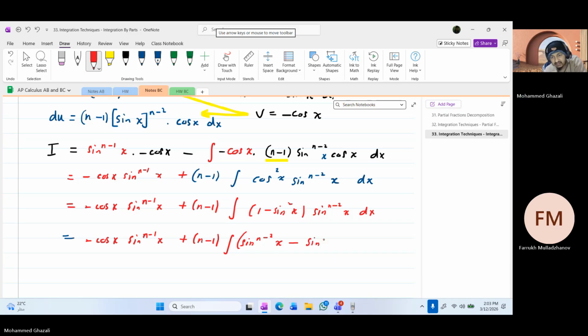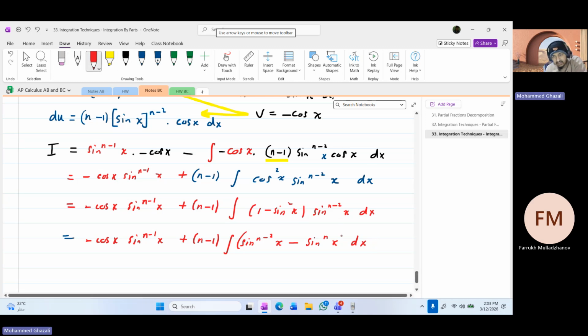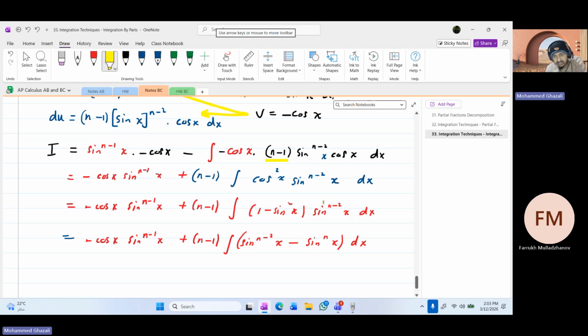sine^n x dx. No brackets there, because all I've done is distribute this on the inside by making cos squared as 1 minus sine squared.